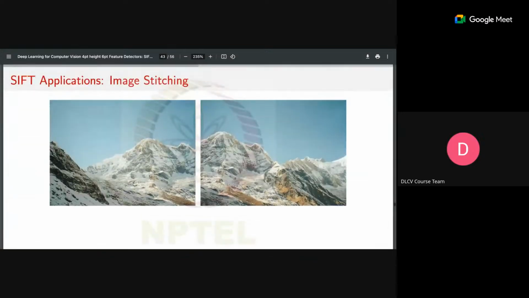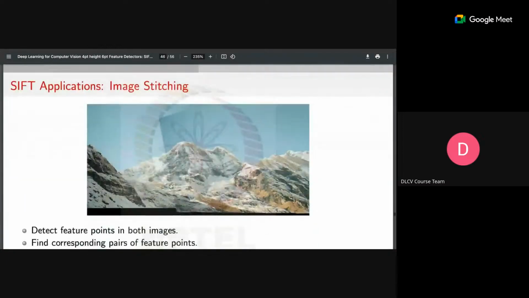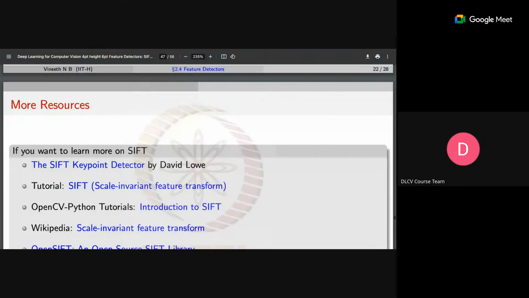And then it can be used to do image stitching, or there can be different examples.